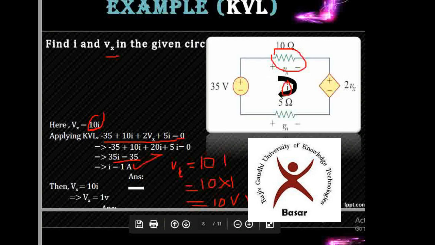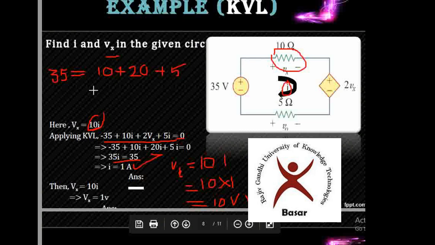Let us try to prove that. The source voltage is 35 volts, and this must be equal to the voltage drops. The voltage across this resistor is 10 times the current of 1, that is 10 volts, plus the voltage across the dependent voltage source, 2 times Vx, that is 2 into 10, 20, and the voltage across the 5 ohm resistor is 5 into 1 amp, that is 5 volts.